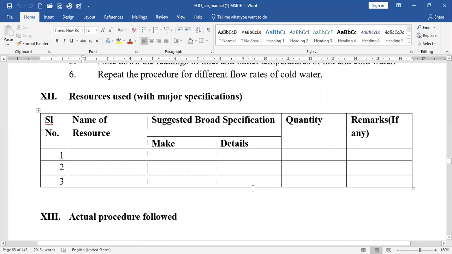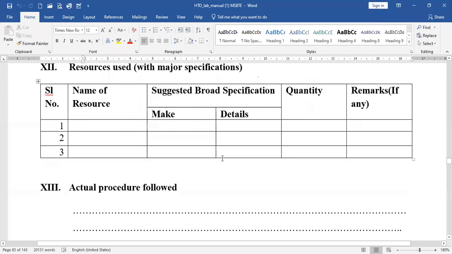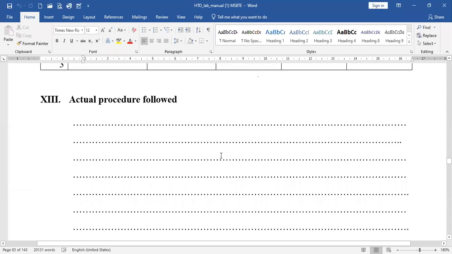Then in this table, we have to note down the actual resources we are going to use, because in the previous table, these are the guidelines from the board, and in this table, we have to note down the actual resources, that is the company name, the details, quantity, remarks, etc. Then the ideal procedure is already discussed, but whatever procedure you have followed while doing the experiment should be noted down in this actual procedure followed point.